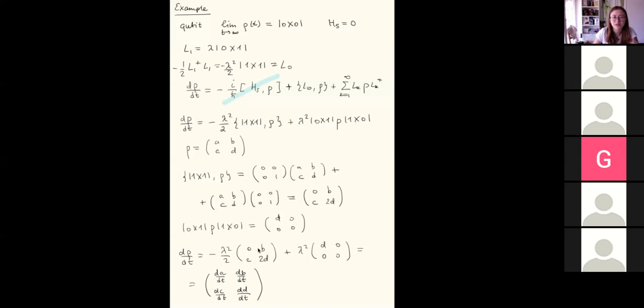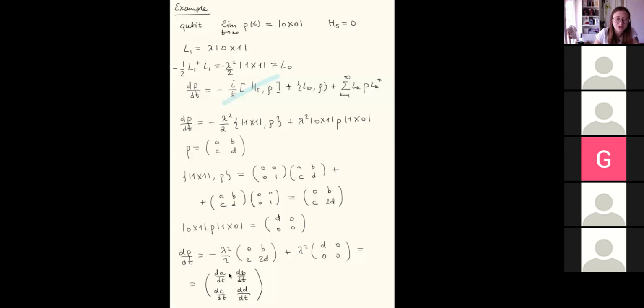But here we already see that, for example, dB by dt equals minus lambda squared over 2 times B. So obviously the solution to this is a decaying exponential. And the same goes for C and D.